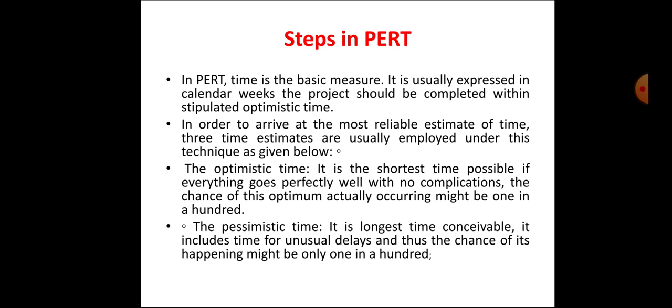The optimistic time is the shortest time possible if everything goes perfectly well and there are no complications or changes. Means the shortest time possible when everything goes perfectly. Within that time you can complete it with no complications.